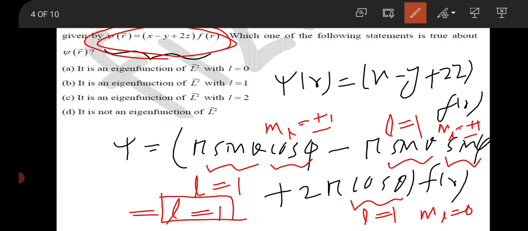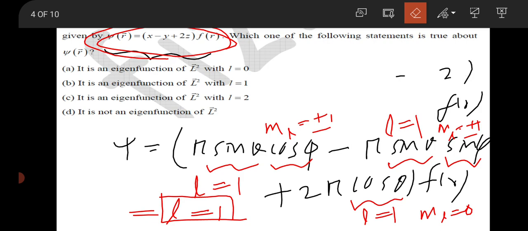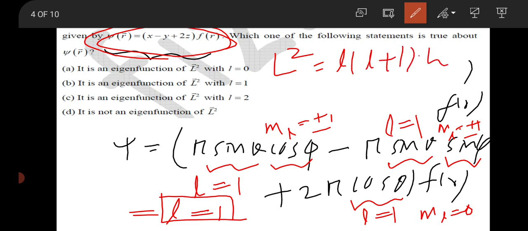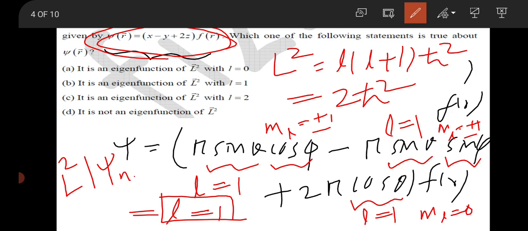So L square will be, so erase this portion. So L square will be L into (L plus 1) h bar square. This is the eigenvalue for L square. So it will be 2 h bar square. Okay, and also we know L square acting on psi n L m is equal to L into (L plus 1) h bar square times psi n L m.